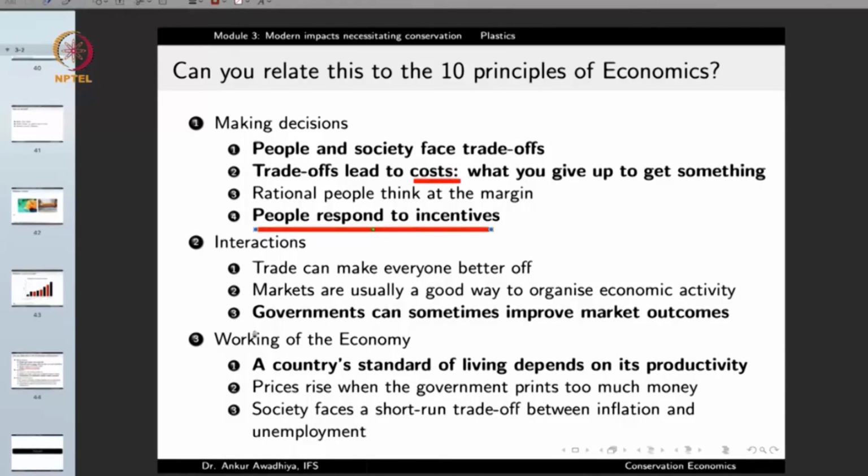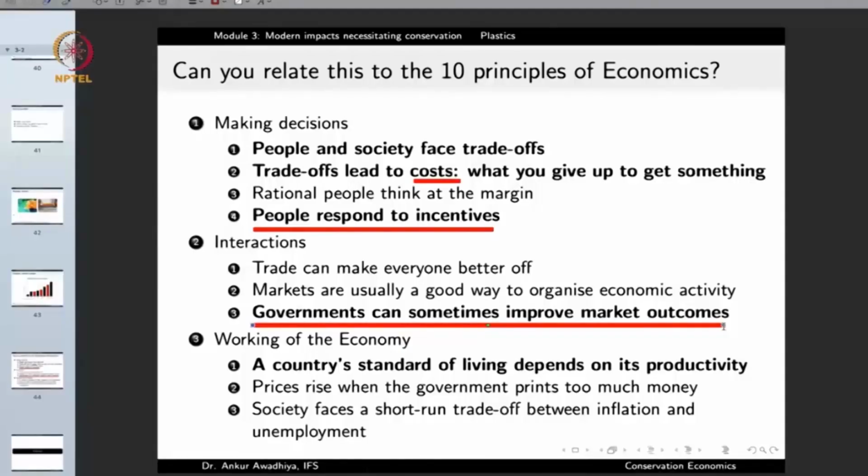And here also comes the role of the governments, because these taxations and subsidies in most cases are given by the government, they are implemented by the government. So governments can improve market outcomes, and in this case the market outcome in the case of plastics is not the most efficient one, because if the government did not intervene, then there is a huge externality with the use of plastics.